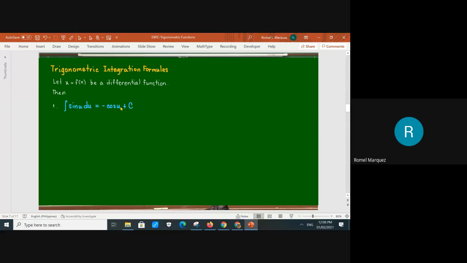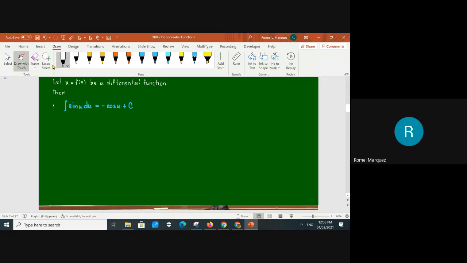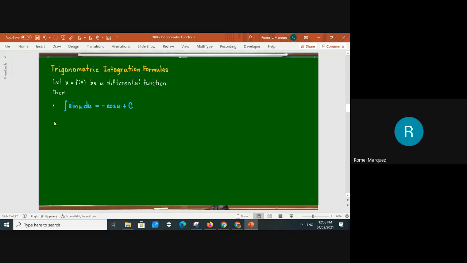And then times the differential of u, so you have sine u du. Same thing for the second one, third, and up to 6. So you have 6 basic formulas, and then I'm going to give you another 4, related to these.